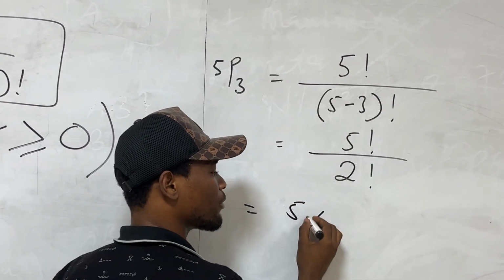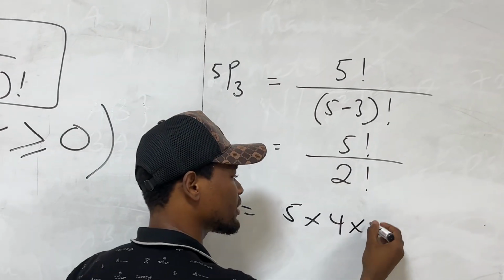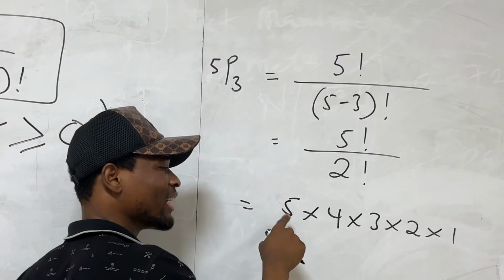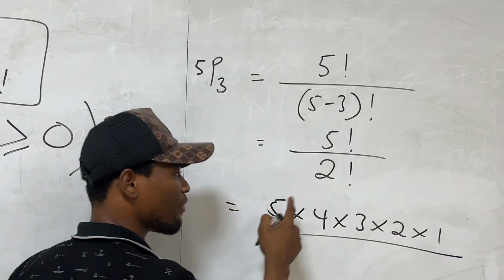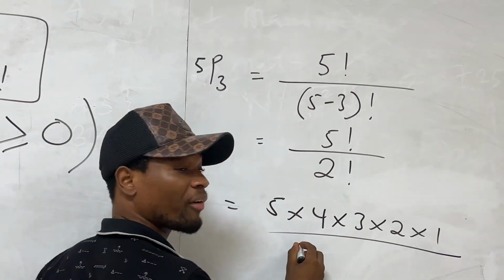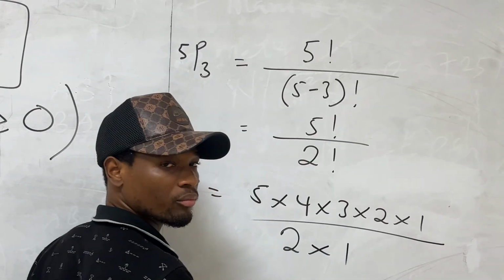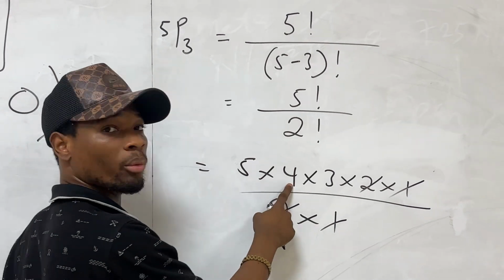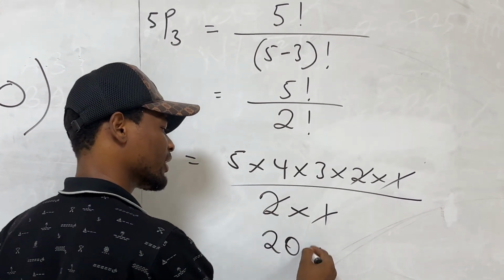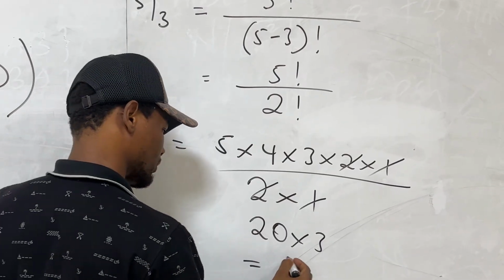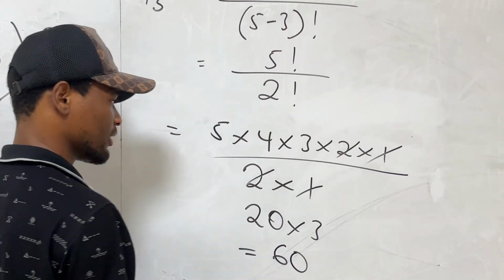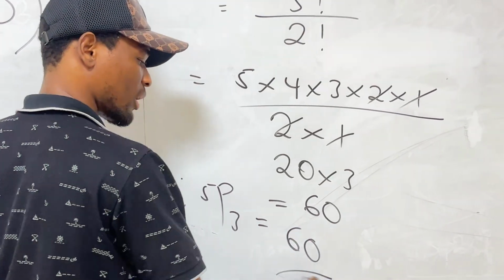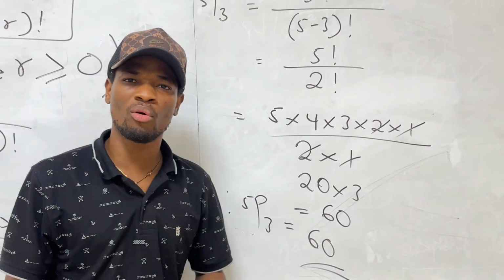So we have 5 times 4 times 3 times 2 times 1, all over 2 factorial, which means 2 times 1. 2 cancels 2, 1 cancels 1. So 5 times 4, you have 20, and 20 times 3 is equal to 60. Therefore, 5 permutation 3 is equal to 60. As simple as that.